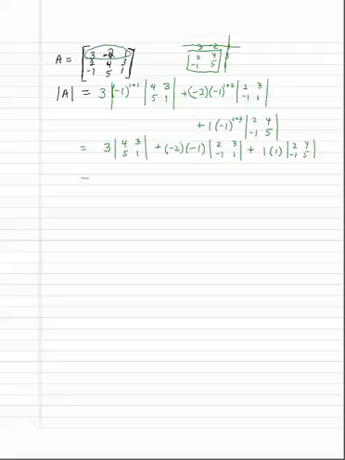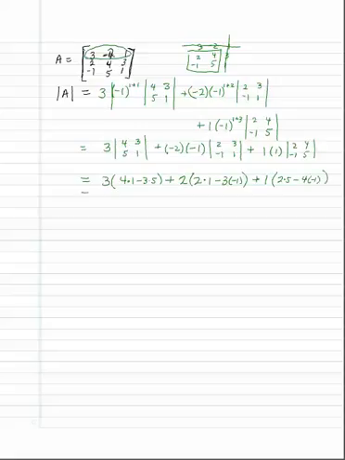Okay, so I should have combined these two steps. So again, I'm going to cross multiply: 4 times 1 minus 3 times 5, plus 2 times 2 times 1 minus 3 times negative 1, plus 1 times 2 times 5 minus 4 times negative 1.